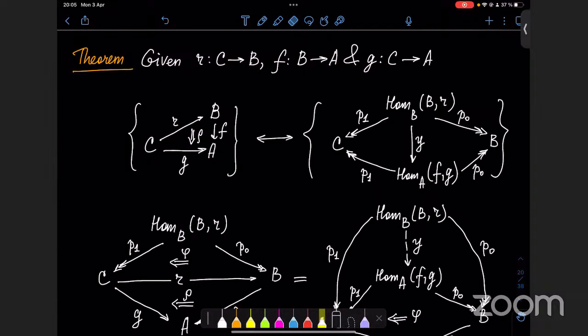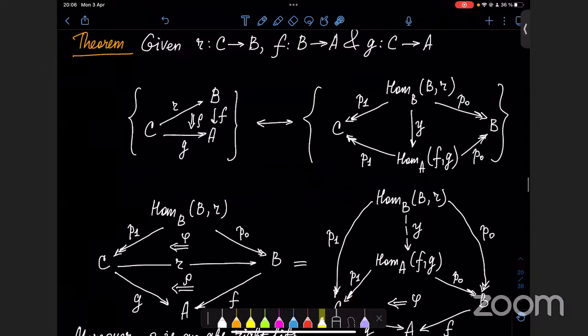So now we suppose that the diagram like this is not a right Lifton diagram, but some diagram, some 2-cell rho, and some commutative diagram. And in this case, you will have this bijection.